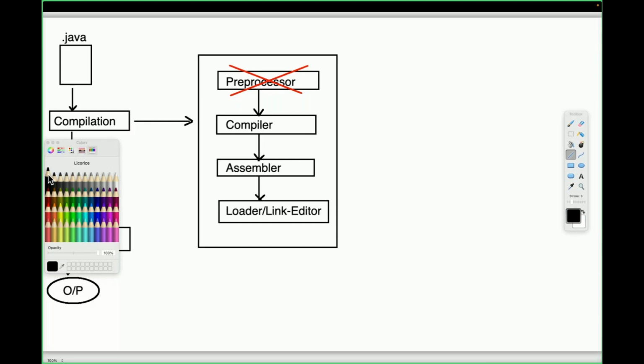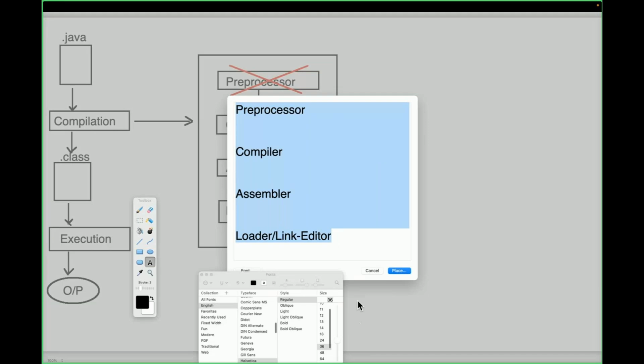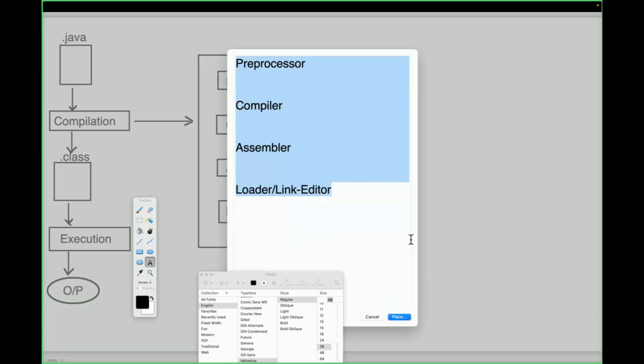Then I am also going to provide the internal structure of the compiler. If we take the compiler's internal part, how many parts are available? Six parts. What are the six parts?